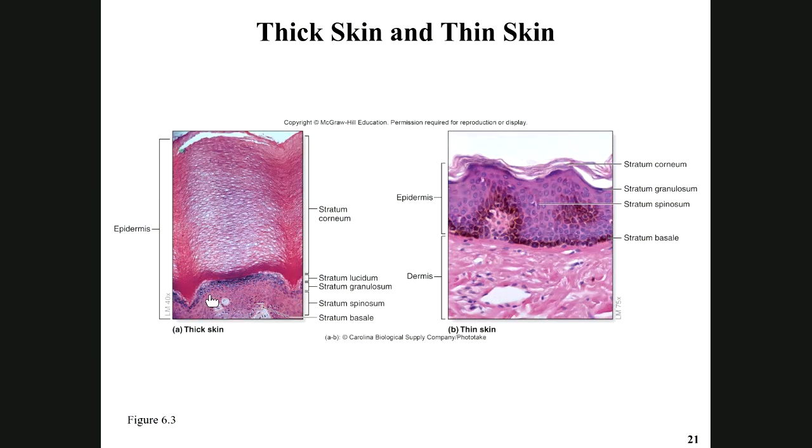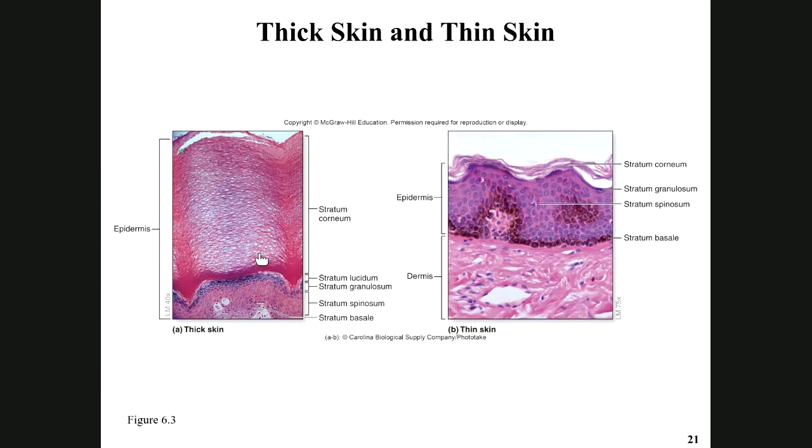And you can compare the thickness of epidermis in thick skin and the thickness of epidermis in thin skin. And pay attention to the layers of stratum corneum in thin skin and also in thick skin.